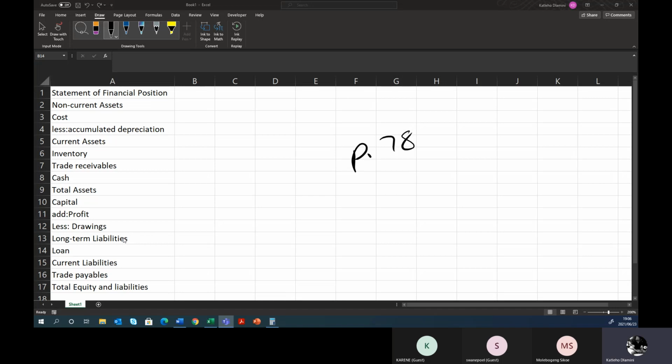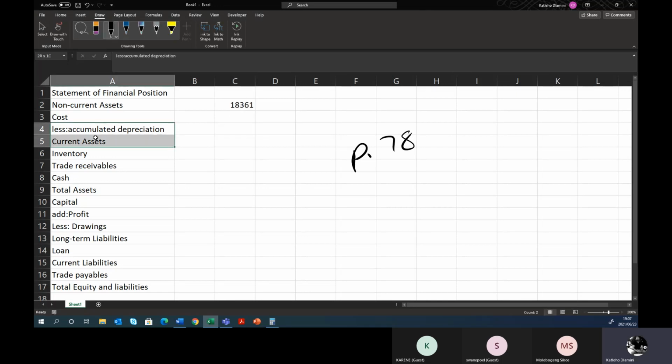Okay, I'll start with the non-current assets. Non-current assets was 18,000, and you'll see it's written there, 18,000. So what you would do, if you had a calculation here, you would write a sum minus another sum, and then under non-current assets, you'll write the figure, right? So we don't have to fortunately do that. So we can immediately go there and write 18,000 like they have over there, right?